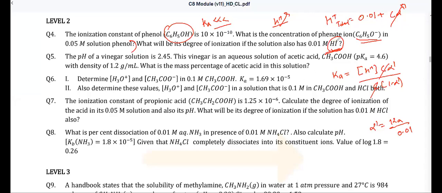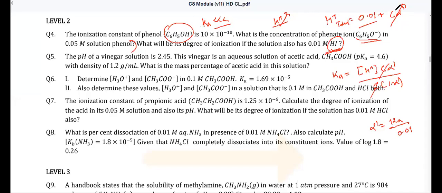So H plus will be produced by both HI and this phenol. So total H plus will be 0.01 from HI, and C alpha dash, which is the new concentration of H plus from phenol.